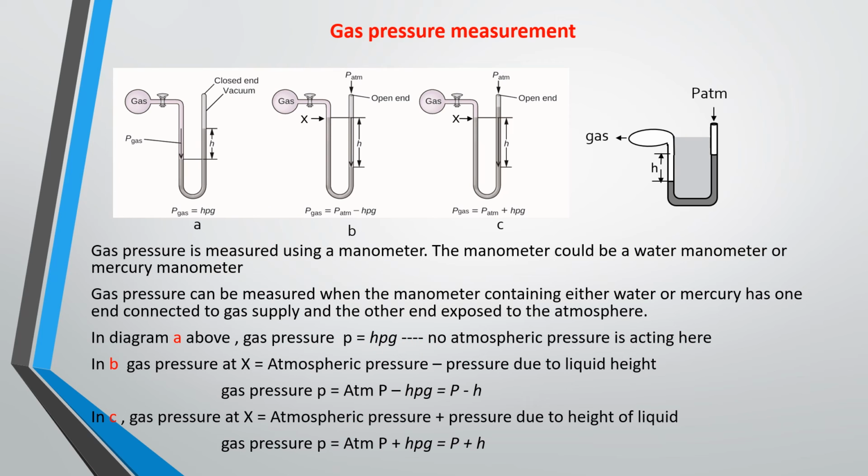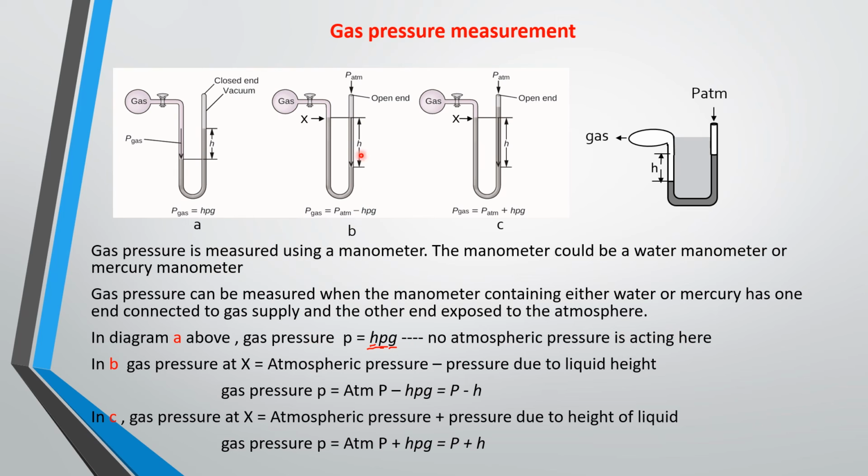Don't forget, this is height, this is density, and this is acceleration due to gravity. Remember that in our first video we have already discussed this equation. So in this instance, no atmospheric pressure is acting, because one end is closed.